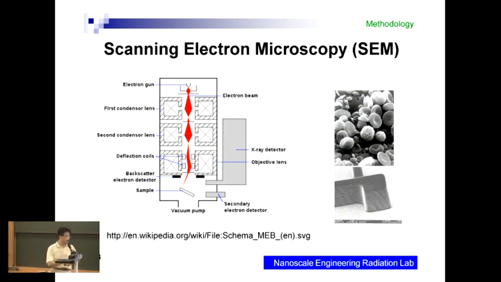Those scattered electrons will be collected by the detectors. So it depends on the distribution of those scattered electrons. You know the profile of the samples.